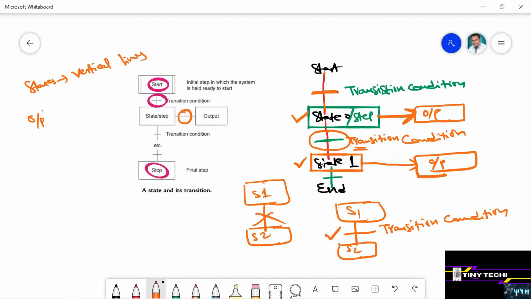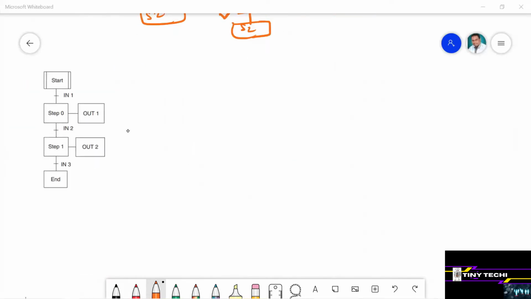Transition conditions are also linked by horizontal lines. You can see by this figure how we can represent the sequential function chart.